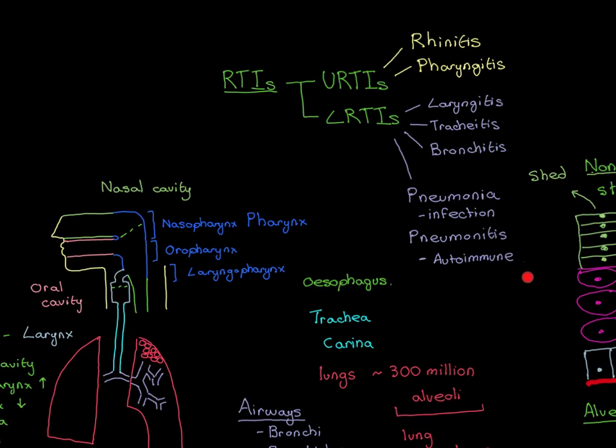Then I gave you this other term, which is pneumonitis, which again means inflammation of the lung parenchyma, but not due to infection, due to autoimmune causes, usually, or some other inflammatory disease that isn't an autoimmune disease, but which isn't responding to infection.